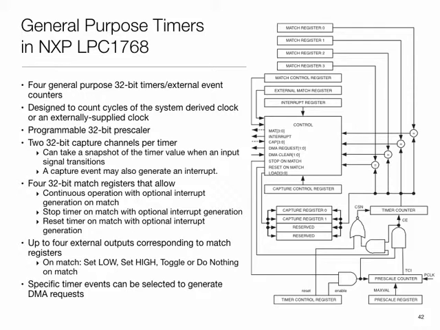A variety of things are happening, and you could generate different kinds of waveforms using these timers. For example, if I want to generate a waveform with a period of 1 second that makes the transition on the signal at a certain duty cycle point, I can use match registers together with the output pin and the programmable timer to accomplish that goal.